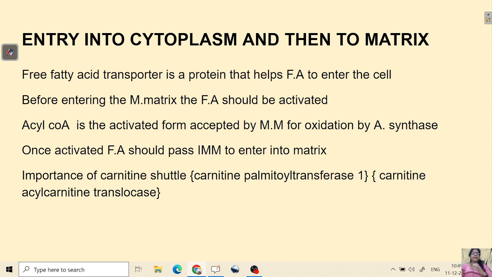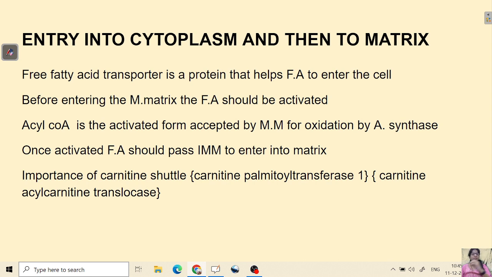Acyl CoA is the only form of your fatty acid that the mitochondrial matrix would accept for the oxidation to happen. Every free fatty acid should be converted into acyl CoA. Then only it can be accepted by the mitochondrial matrix for further reaction.